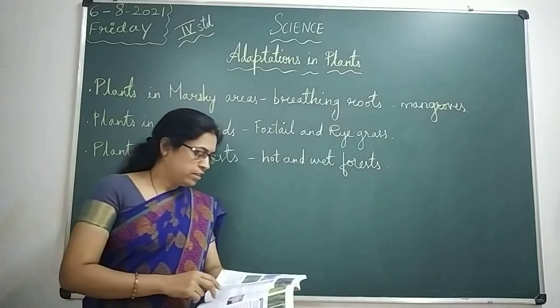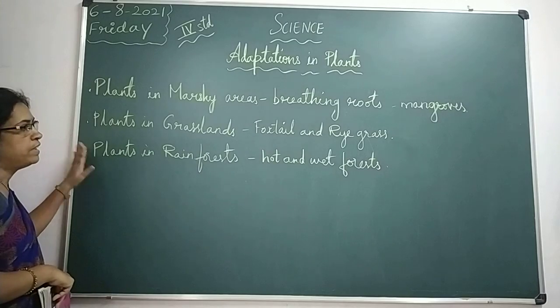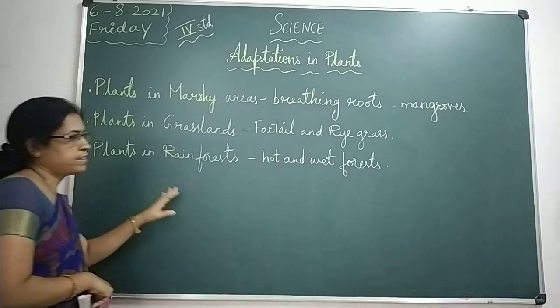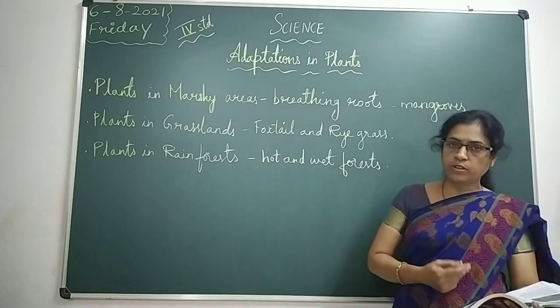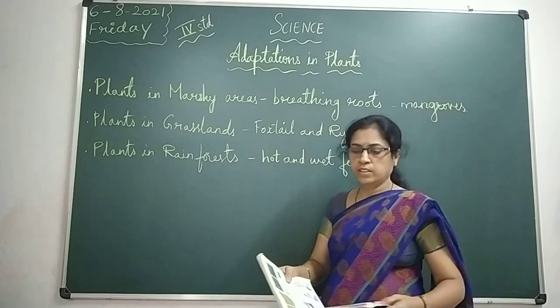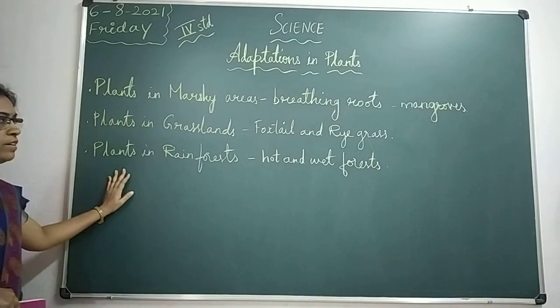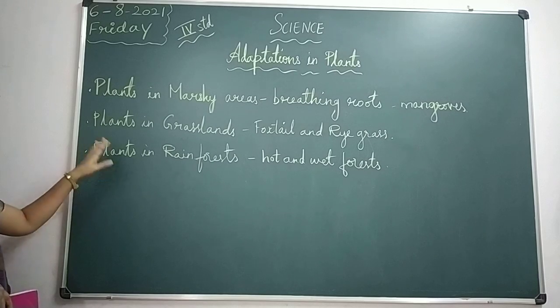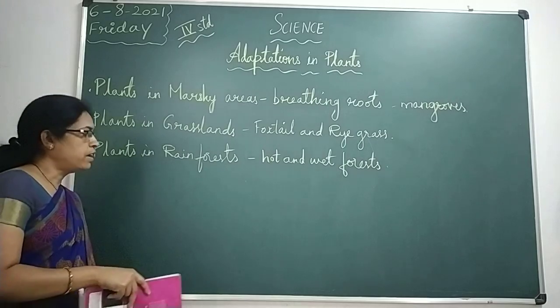Okay, children. So these are the terrestrial plants that we have discussed till now. In the next class, let us discuss the aquatic plants: floating plants, fixed plants, and then submerged plants. So these are the terrestrial plants we have learned: plants in plains, plants in deserts, plants in marshy areas, plants in grasslands, plants in rainforest.